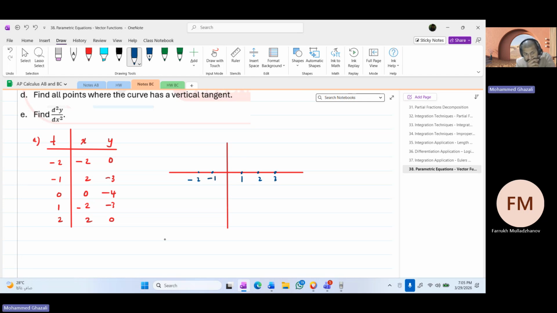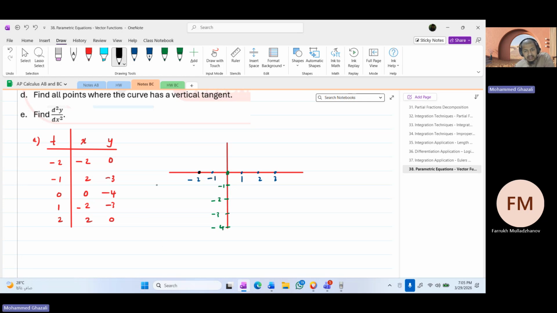The x values run from -2 to 2, and the y values go 0, -1, -2, -3, and -4. So when the x value is -2 and y is 0, that's on the x-axis.